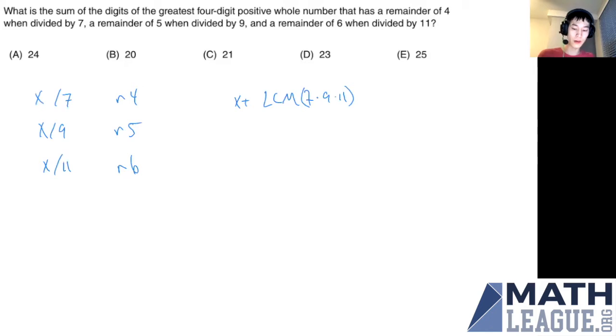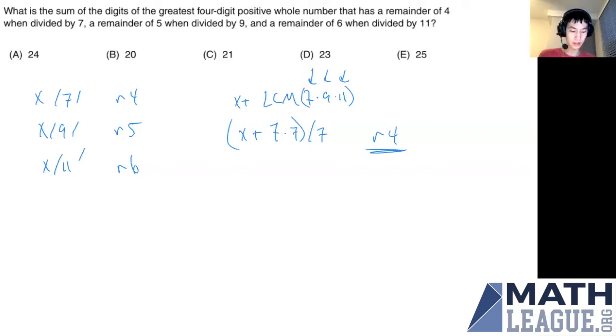This just comes from the fact that if you have x plus, let's say, 7 times 7, or any other multiple of 7, and you divide this by 7, it will have the same remainder. So if you add a multiple of 7, 9, and 11, you'll still have the same remainder when divided by 7, 9, and 11. And so we'll go with that.